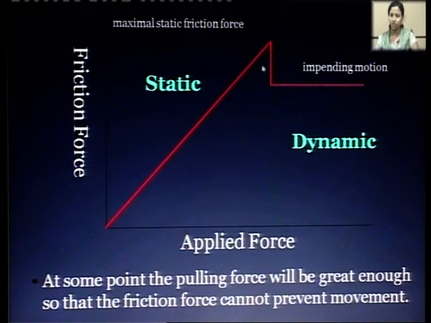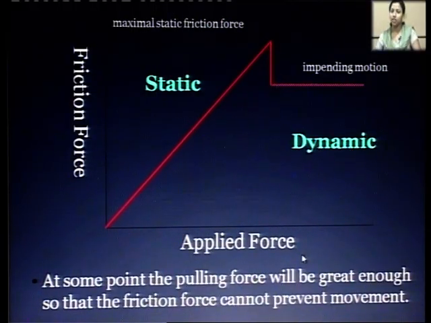Up to this point, this friction is called static friction, and this is the point where the frictional force is maximum. Here this total value is called limiting friction, that is, maximum friction.